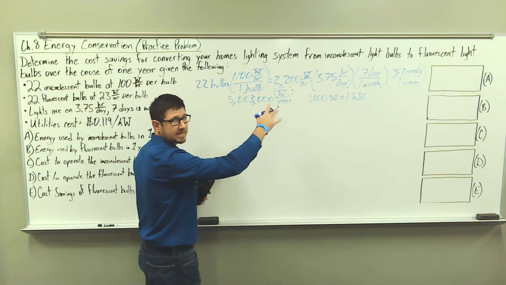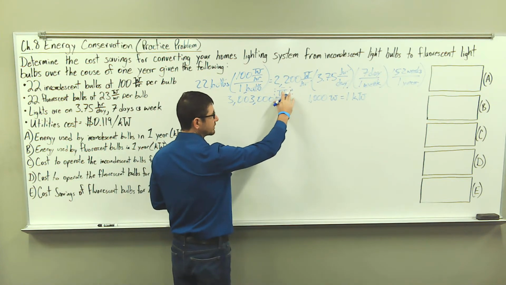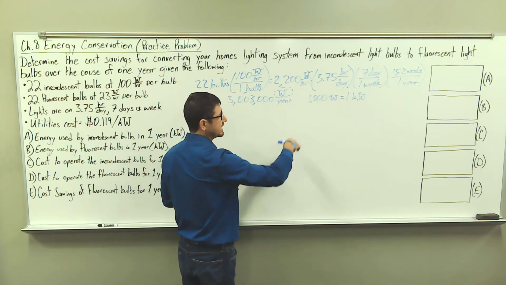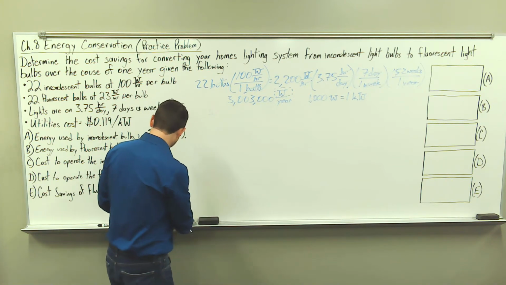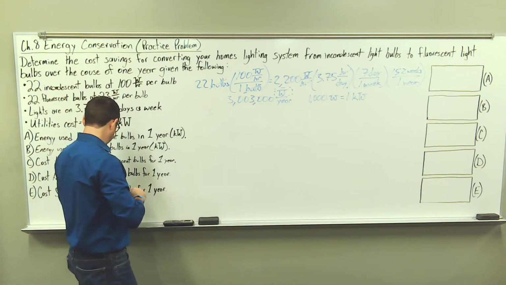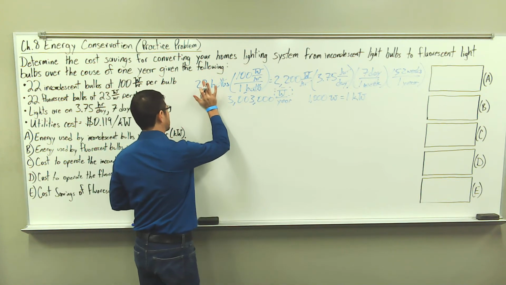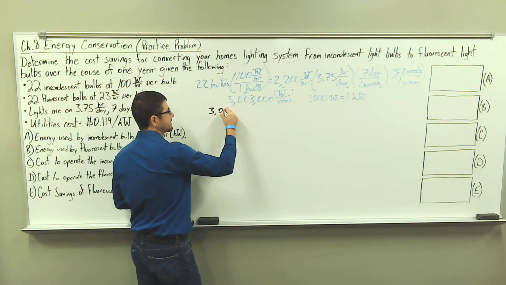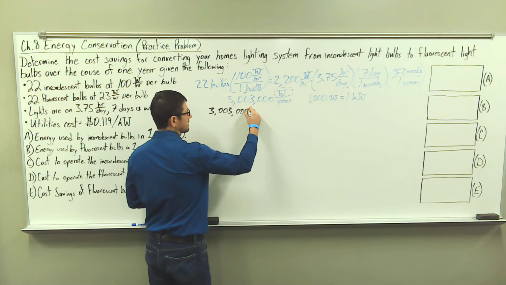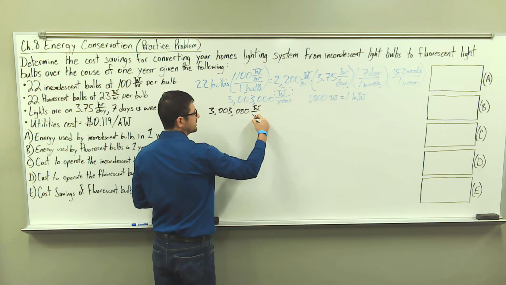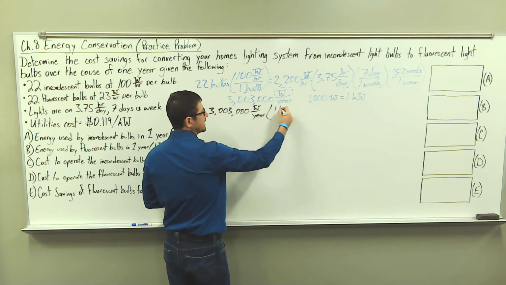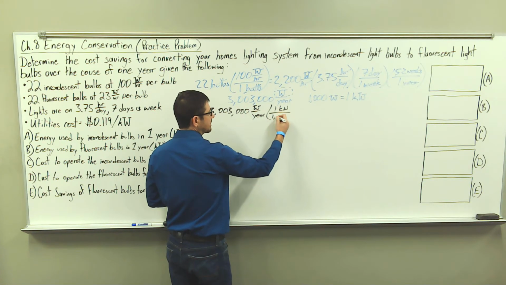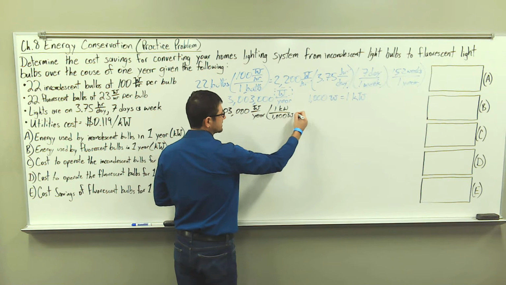We're going to use dimensional analysis again to convert from watts per year to kilowatts per year. So I have 3,003,000 watts per year, and we're going to multiply this by 1 kilowatt divided by 1,000 watts.